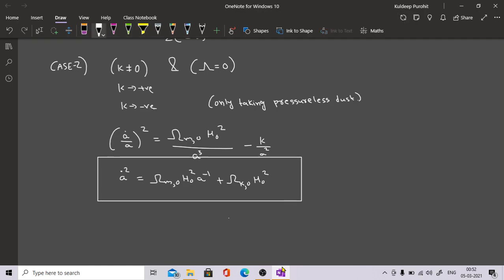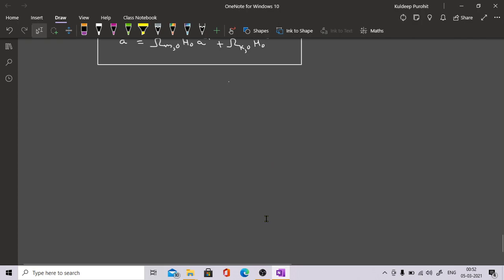So let us take the first case, that for positive curvature, that is k equal to positive.